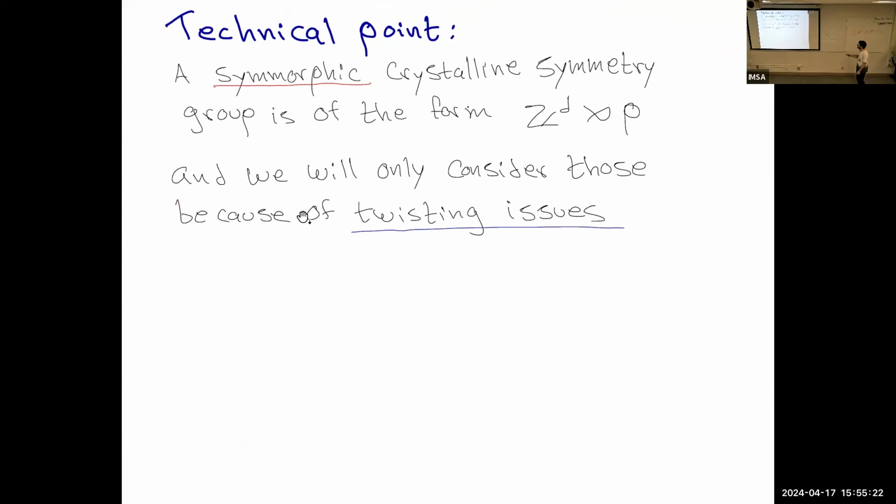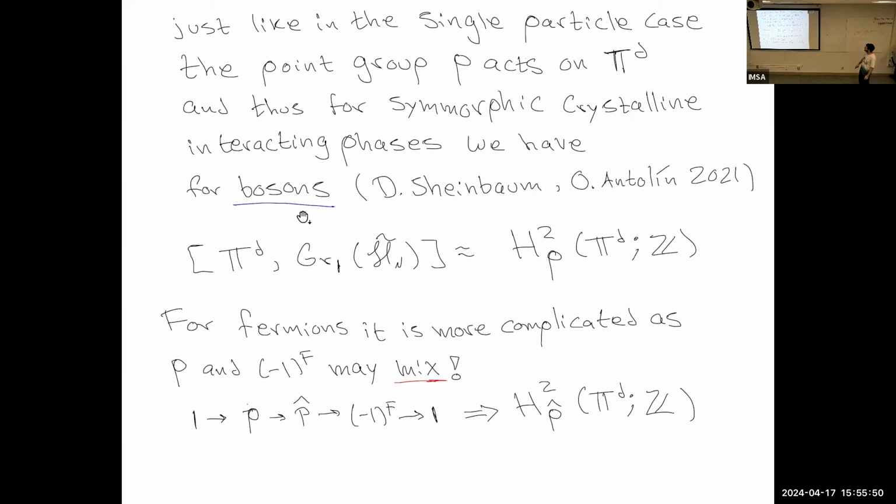Here's a technical point: I'm only going to discuss symmorphic crystalline groups, because if you consider non-symmorphic ones, there's a non-trivial action, and it gets more complicated. Then you have things called twists, and I'm not going to get into that. We haven't done it actually. So if anybody's interested in generalizing this to non-symmorphic groups, please let me know.